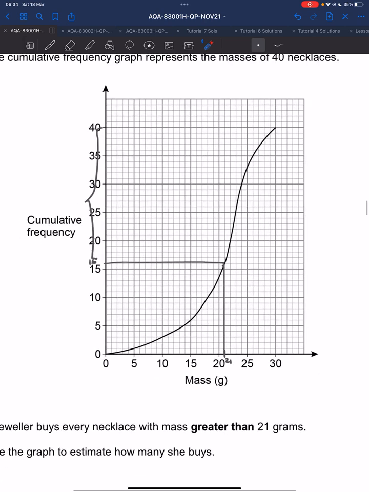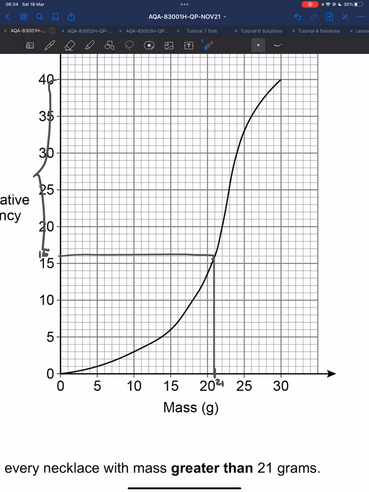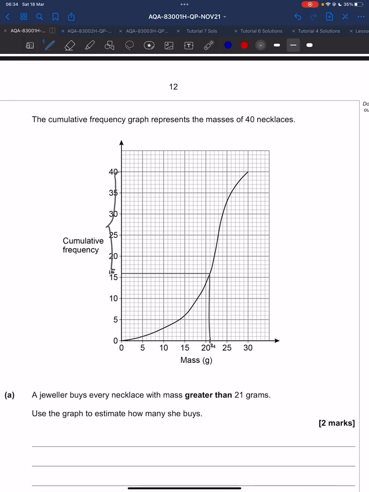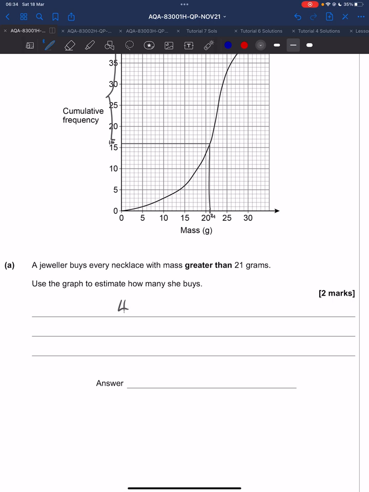Number 15 is less than 21, if you look carefully. So she's going to buy these ones here. Actually, when you zoom in closely, you can see it is exactly 16 there. So she's not going to buy the smallest 15. So it's going to be 40 take away 15. So she's going to buy 25 necklaces.